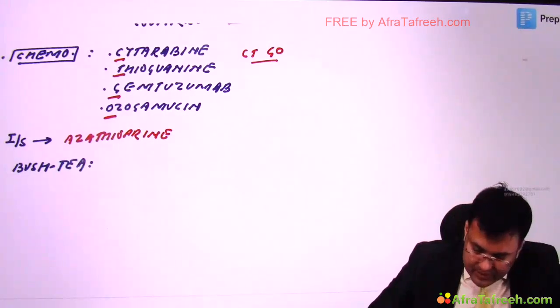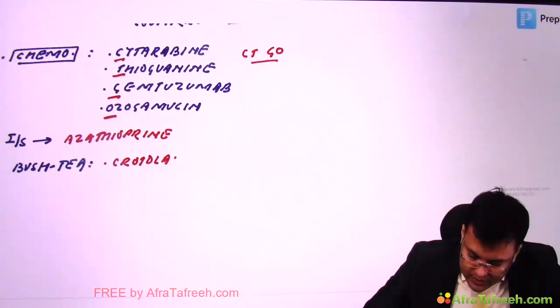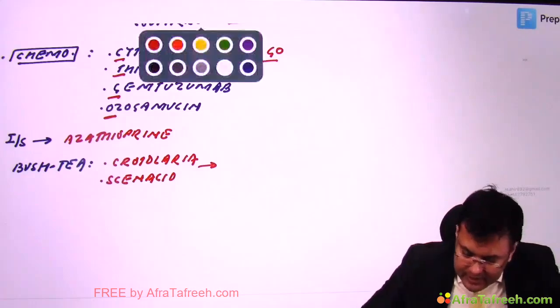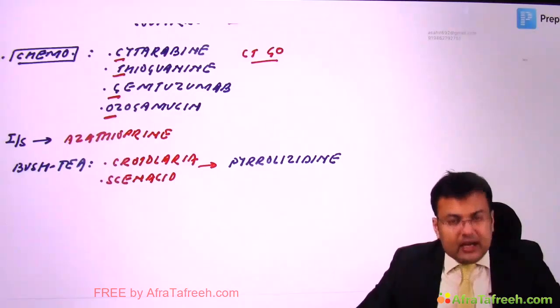Which plant species are included? Crotalaria and Senecio. Clear? And the alkaloid is pyrrolizidine. So these are the factors which increase the risk of VOD, veno-occlusive disease.